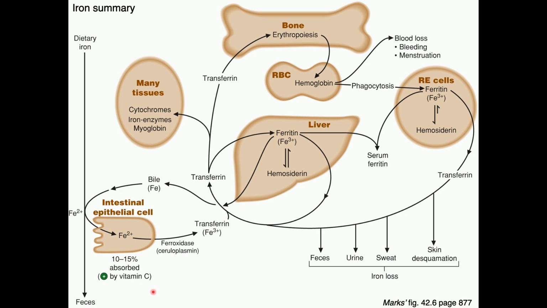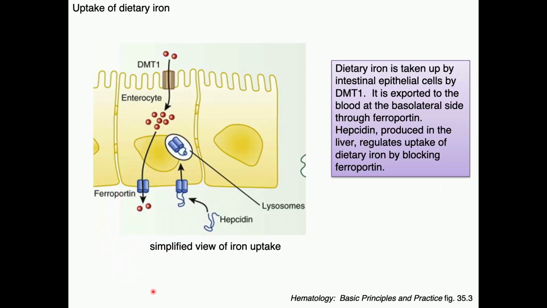Okay, so let's go compartment by compartment here, and we'll talk first about a simple view of uptake of dietary iron, and then a more complicated view. So the simple view is that there is a transporter called the divalent metal transporter, or DMT1, on the brush border or the luminal side of the duodenal epithelial cells.